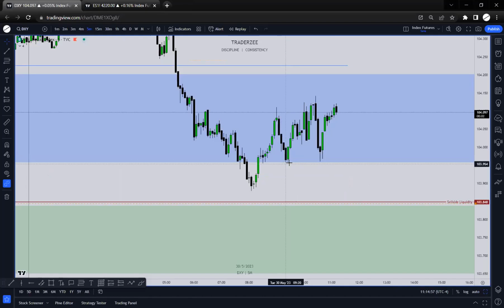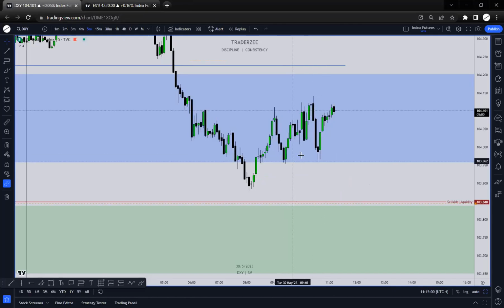I wanted this low to break. It didn't break that low. When it was here, I said okay, it's displacing lower, now it should move for the sell side. It didn't.